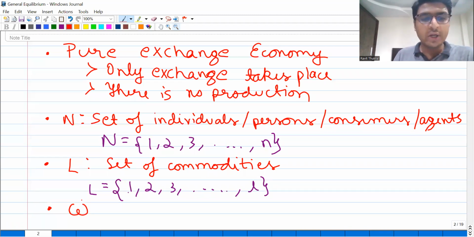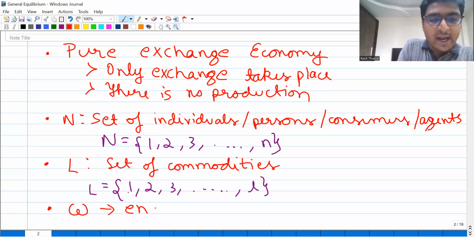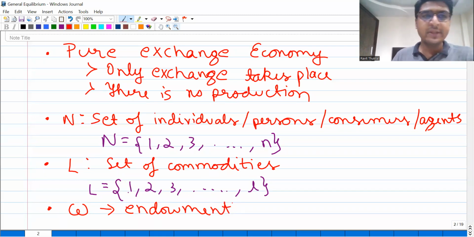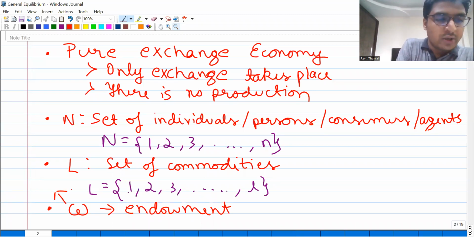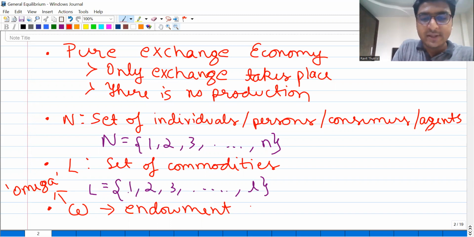So this symbol is called omega, and we'll use it for endowment. Endowment basically means the consumption bundle that each person starts with. So this is the amount of goods that each consumer already has. Okay. So this symbol is called omega.